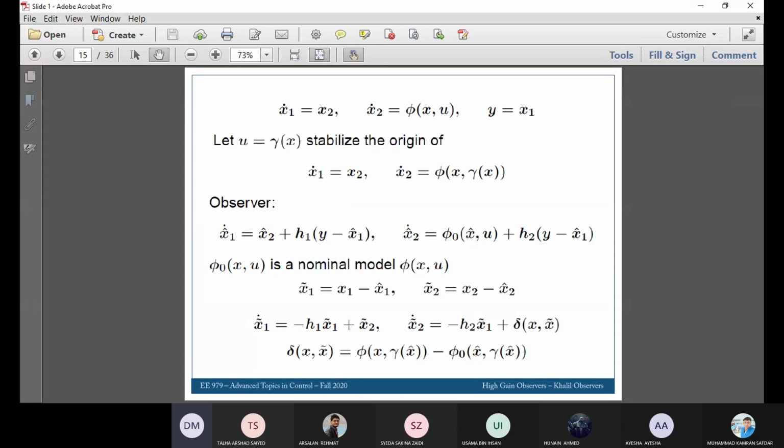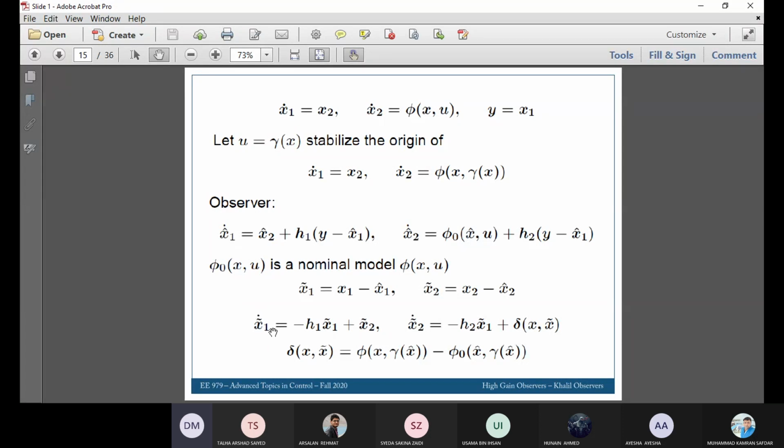Okay, if I move forward now, before going further, I just want to highlight a few things here. x1 tilde dot is the estimation error equation, right?